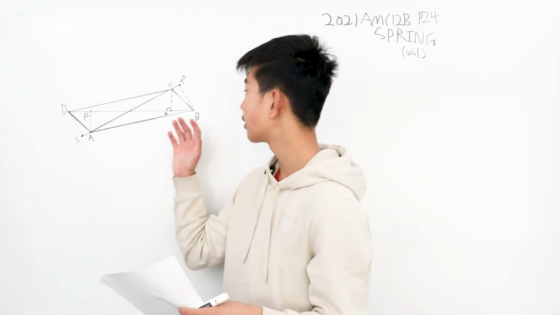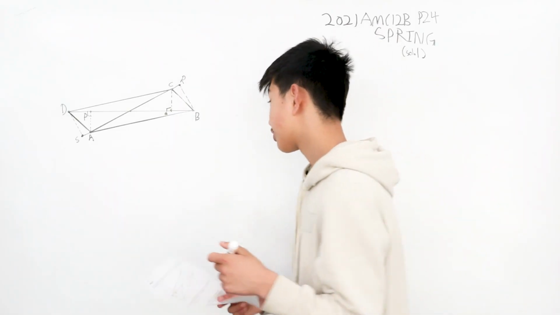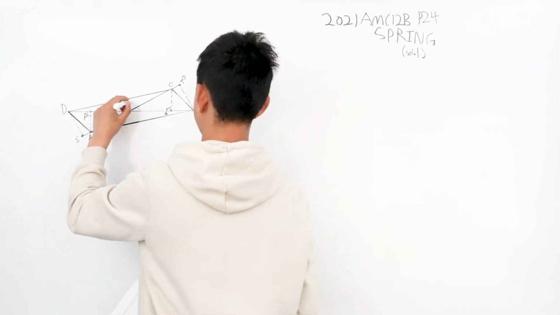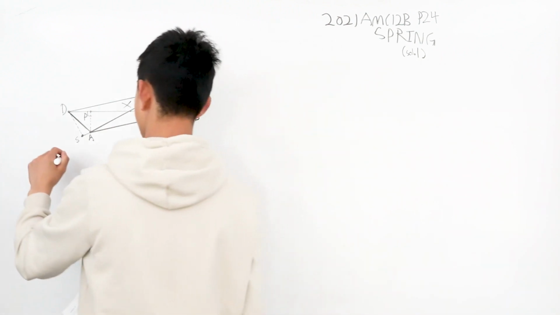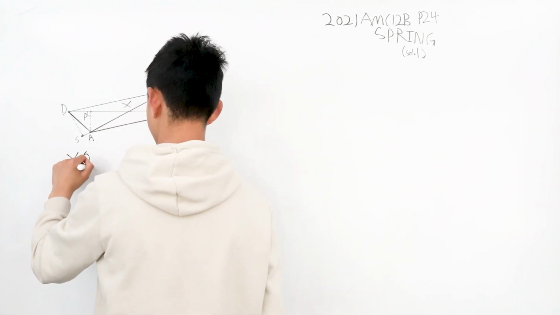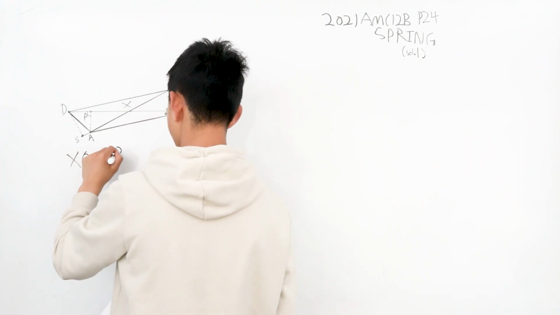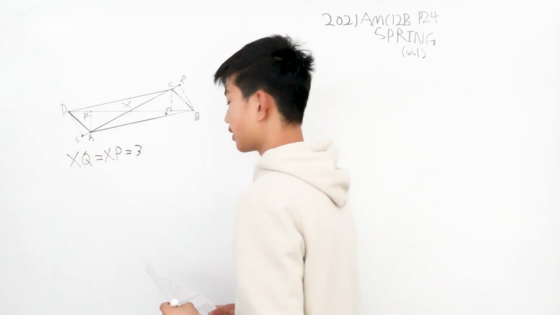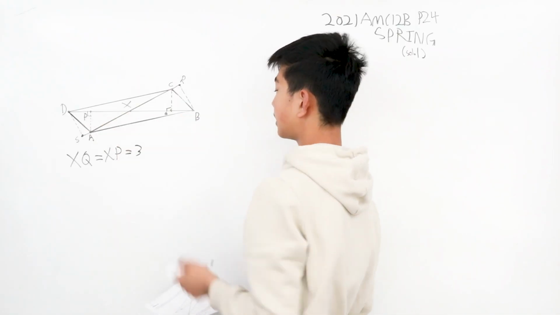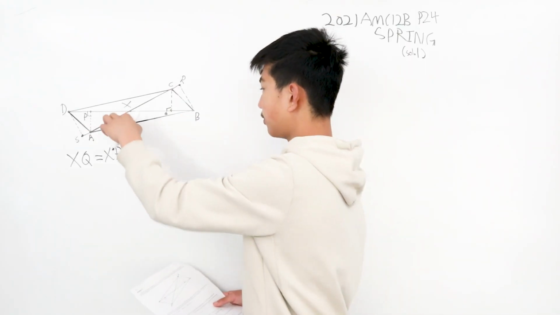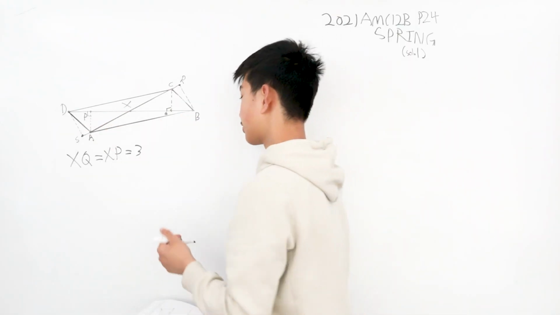So here we have the figure, and for simplicity, let's call this point in the middle X. It then follows that the distance XQ is equal to XP, which is equal to 3, since the problem states that the total segment PQ is 6, and you divide that by 2 to get the two equal segments, which is 3.